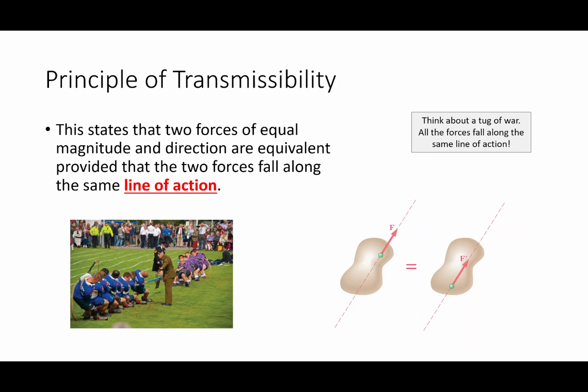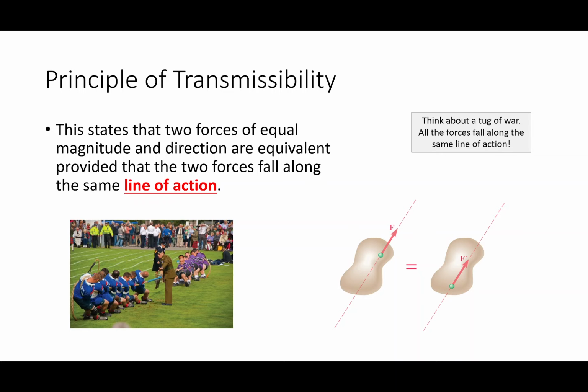In other words, if these two lines of action were laid on top of one another, and I have one force vector here and one force vector here, and these were the same vectors, they would achieve the same equilibrium, or they would have the same static contribution in terms of both forces and moments. Okay? Is everybody with me on that?